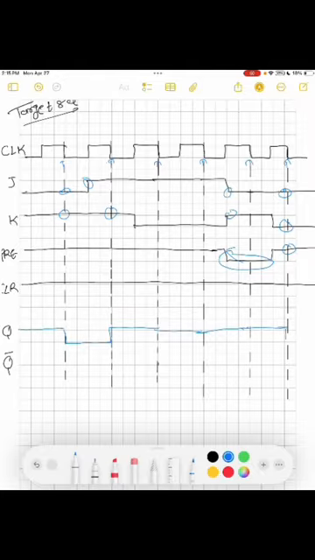So now Q is going to become low. So Q bar will always be opposite of the Q, like that.